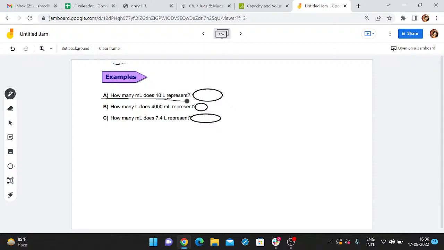Who is going to give me the answer for this one? These questions are dealing with milliliters and liters. So who is going to first find the relation between these two terms?